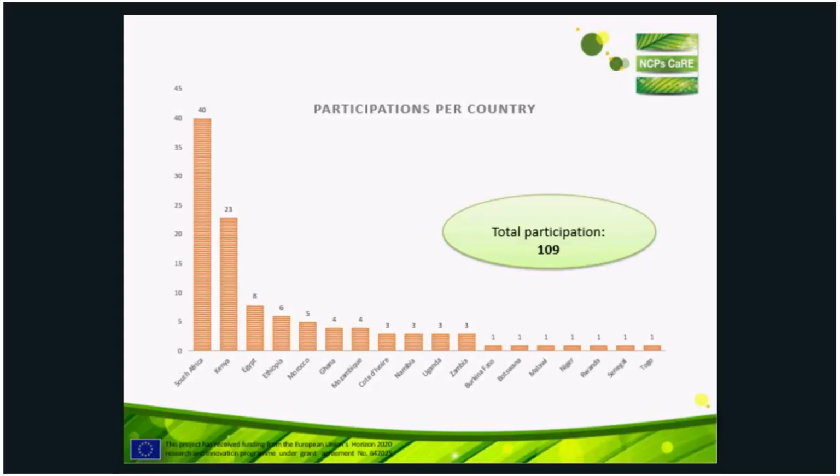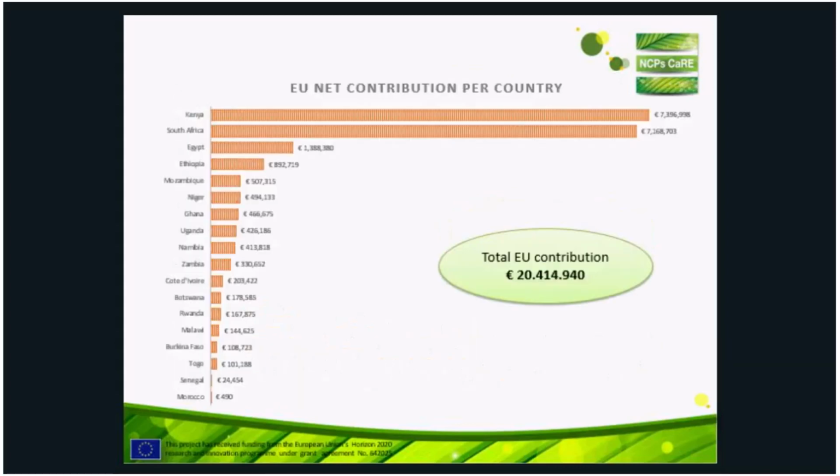There is a variety of countries among sub-Saharan countries or Mediterranean African countries, which participate in this section of Horizon. And here is a table for the contribution per country for the funding. You can see again when the presentation is available.